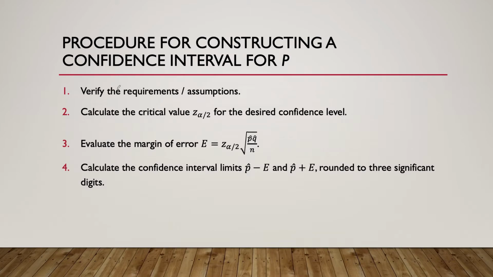So to actually compute the confidence interval, we verify the requirements and assumptions, calculate the critical value of z sub alpha divided by 2 for the desired confidence level, evaluate the margin of error as z sub alpha divided by 2 times the square root of p hat times q hat over n, and then calculate the confidence interval limits p hat minus E and p hat plus E, rounded to 3 significant digits, and then of course write the conclusion based on that.